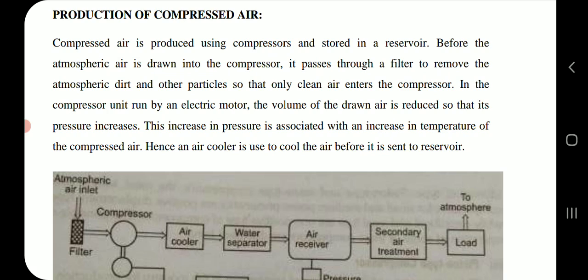In the compressor unit run by an electric motor, the volume of the drawn air is reduced so that its pressure increases. This increase in pressure is associated with an increase in temperature of the compressed air. Hence, an air cooler is used to cool the air before it is sent to the reservoir.